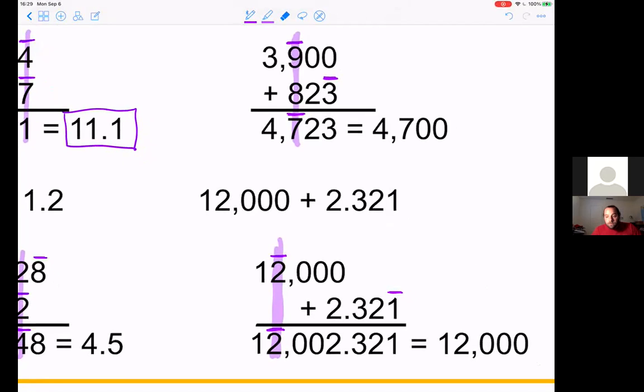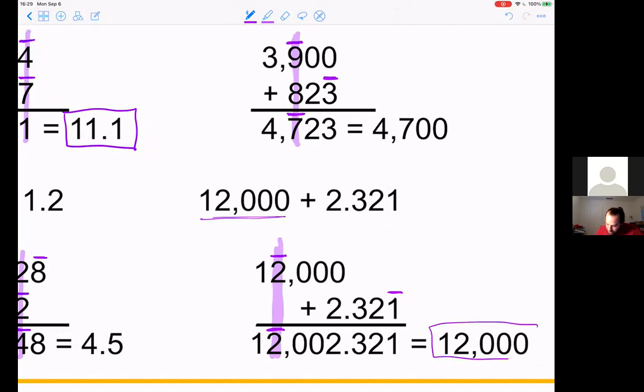And notice what the consequences of the rules of sig figs are in this case. I have this really inaccurate large measurement, 12,000. I'm only confident about that thousands place. And then I have this really tiny, really accurate measurement that I'm adding.